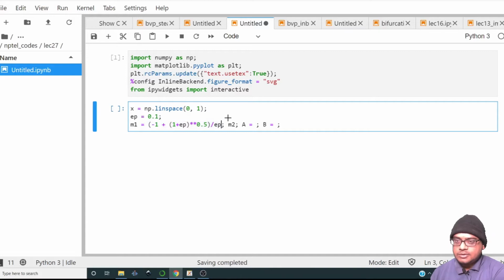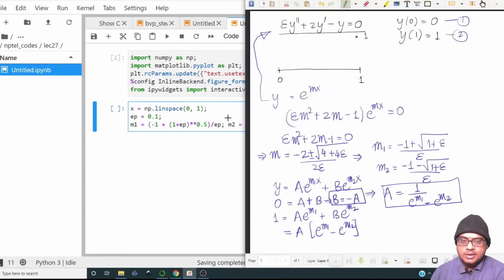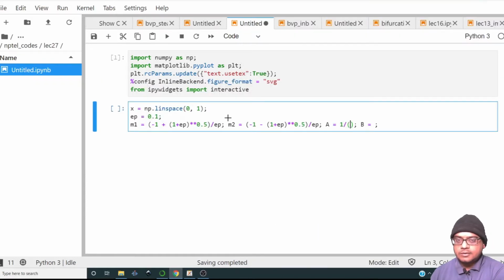So let me copy this. m2 is equal to this, but the sign over here is negative. A is 1 over m1 minus m2, and b is simply minus of a.